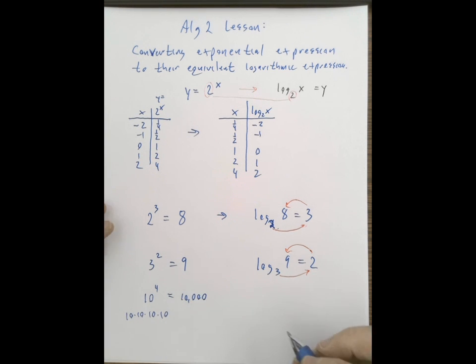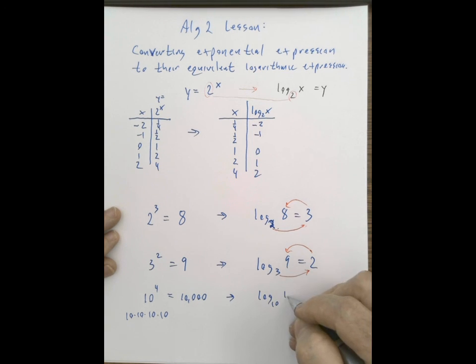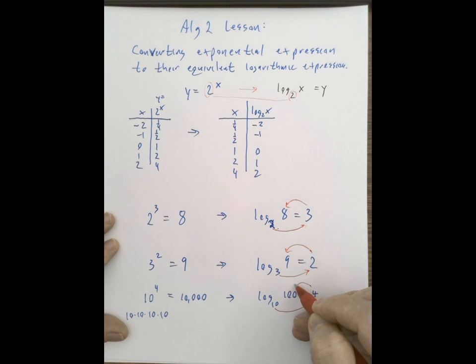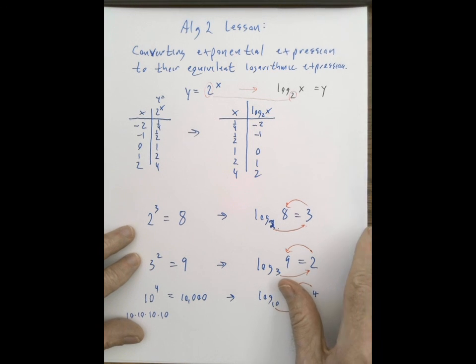The equivalent log expression would be log base 10 of 10,000 is equal to 4. You can see here again, there's that exponential expression, 10 to the 4th power is equal to 10,000.